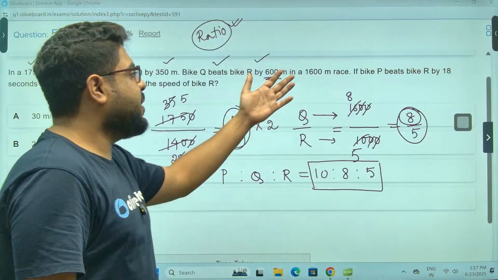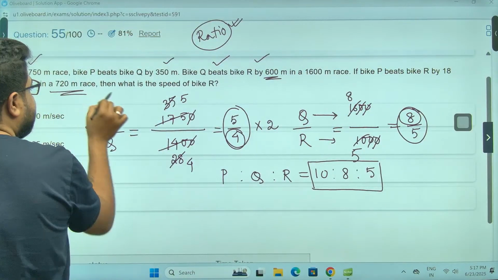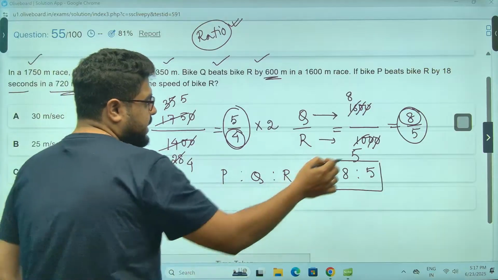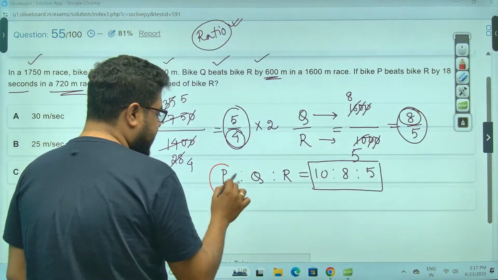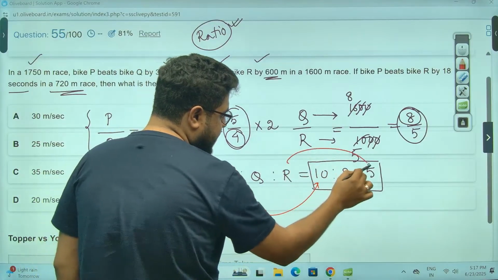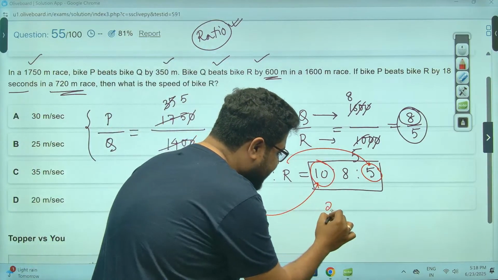Now, if P beats R by 18 seconds in a 720 meter race, sir, it's very simple. You see, sir, what is the speed ratio? So the speed ratio between P and R is 10/5 or 2/1, sir.